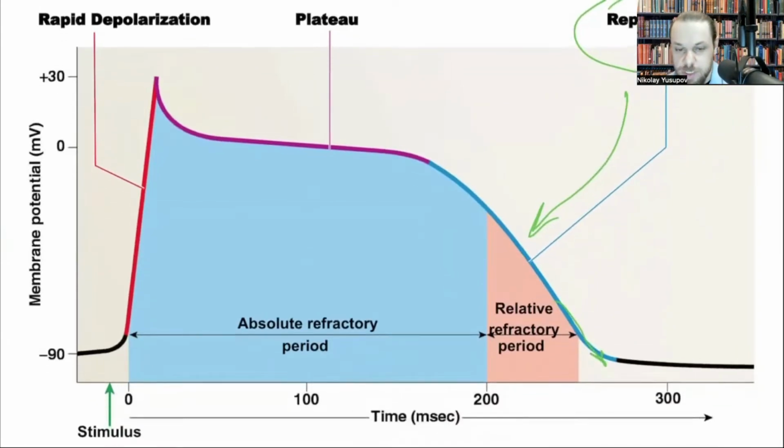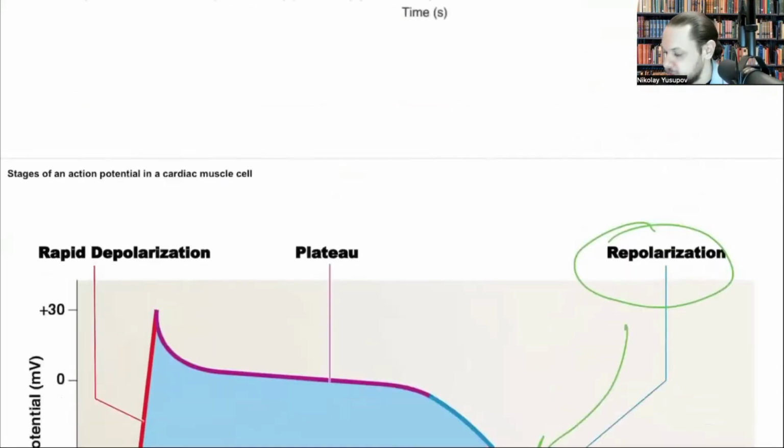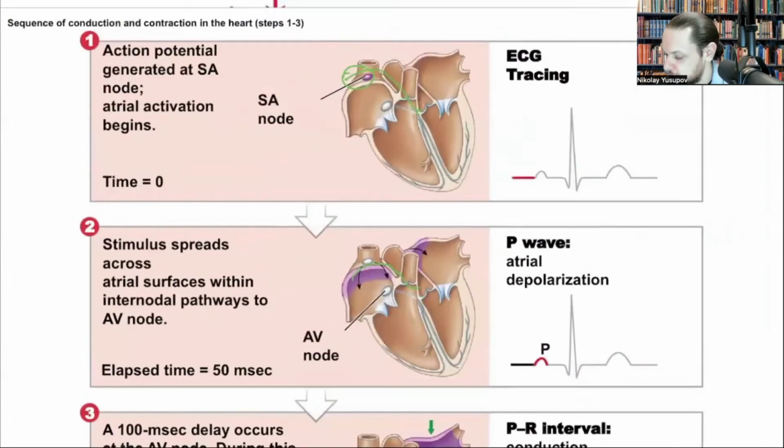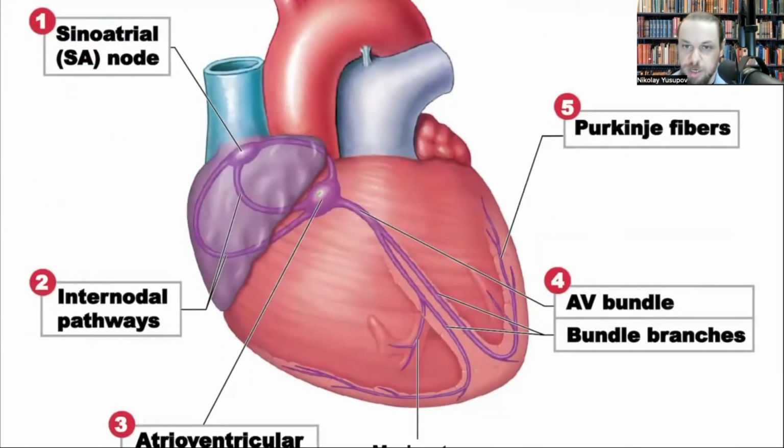And then my question is this: why do these cells that I was drawing earlier have this ability? This SA node, AV node, Purkinje, why do these cells have the ability to have automaticity and the other cells do not?